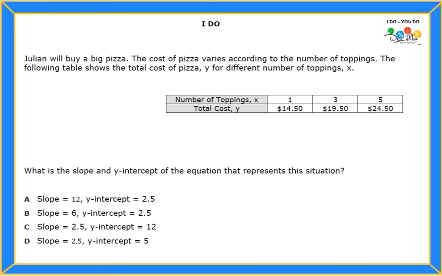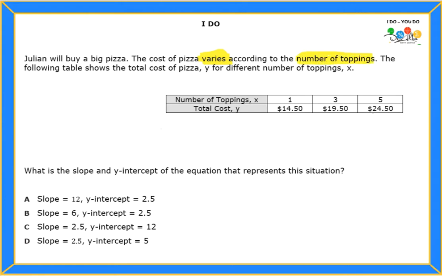So first of all, let's see what is it that they want me to do. And I do see a table, right? So let's see what is it that I'm looking for. Well, it's talking about a pizza that the price is going to vary. Is that right? And it's going to vary because of the number of toppings.